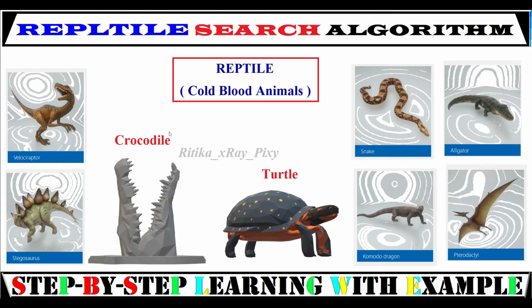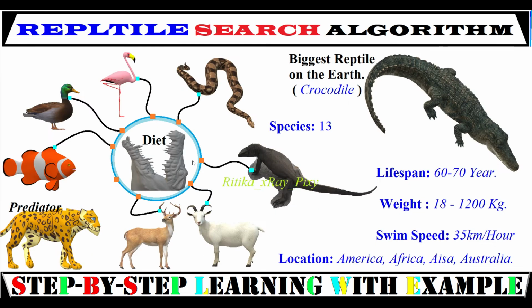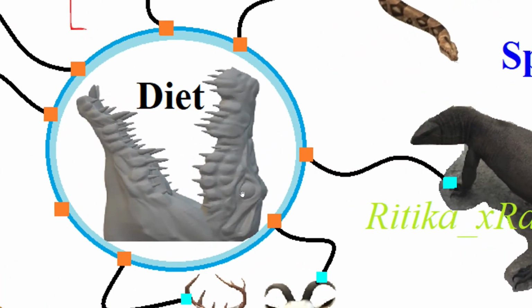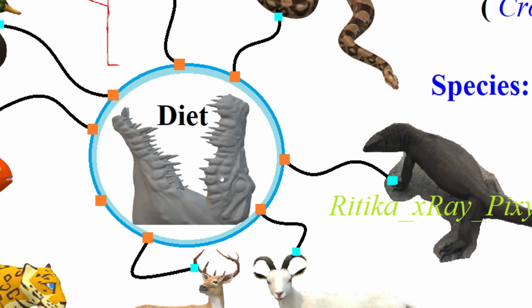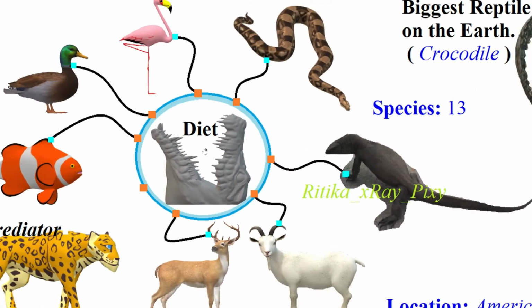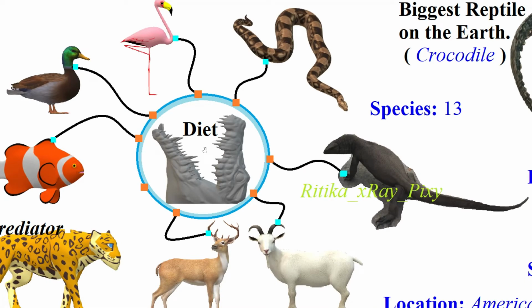Crocodile weight ranges from 18 kg to 1200 kg. The crocodile bite is the strongest bite in the world. A human jaw can apply 100 pounds of pressure per square inch, but a crocodile jaw can apply 5,000 pounds of pressure per square inch. That's why the crocodile bite is considered the strongest in the world.